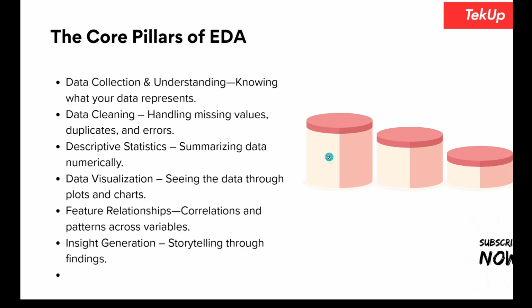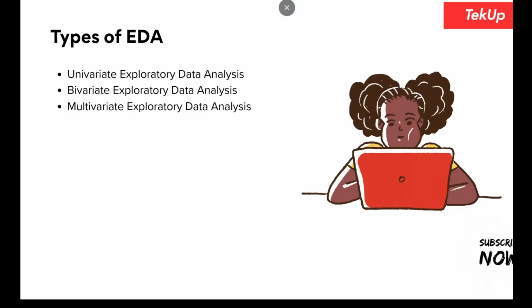Descriptive statistics, summarizing our data numerically. Data visualization, seeing the data through plots and charts. Feature relationships, which involves correlations and patterns across variables. Then we have to do our insight generation, of course, where we use storytelling through findings.